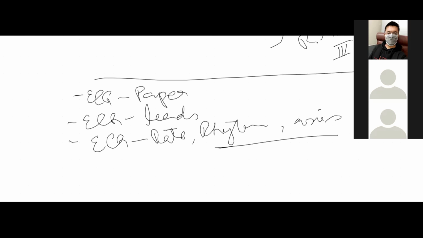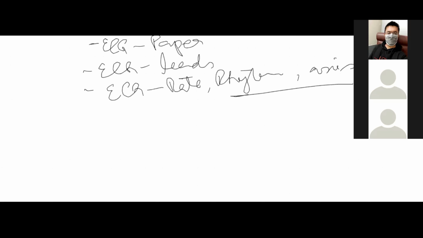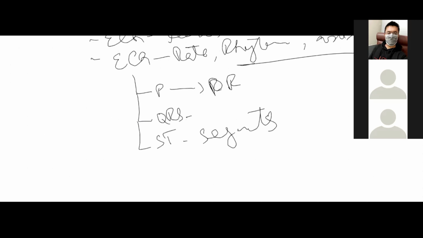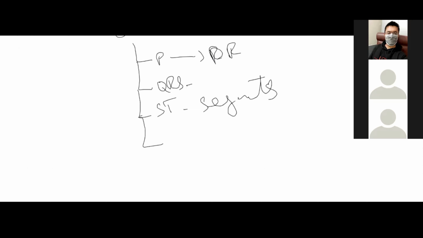Further, we will go step by step in the ECG and discuss different parts: P wave, QRS complex, PR interval, ST segment, and T wave. We will discuss it one by one.